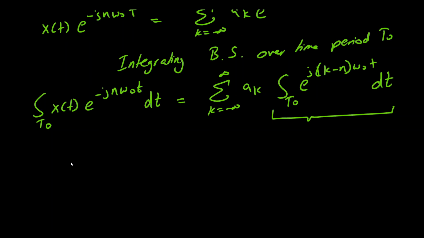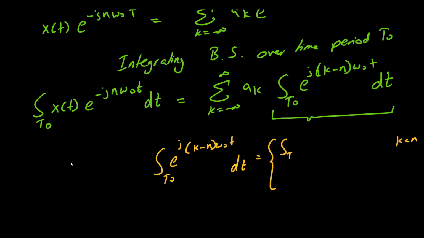This integration would have two solutions, so let us look into both of them. The first case is when k is equal to n. So we have the integration over t naught of e raised to, if k is equal to n, this will become 0, and then we have dt.